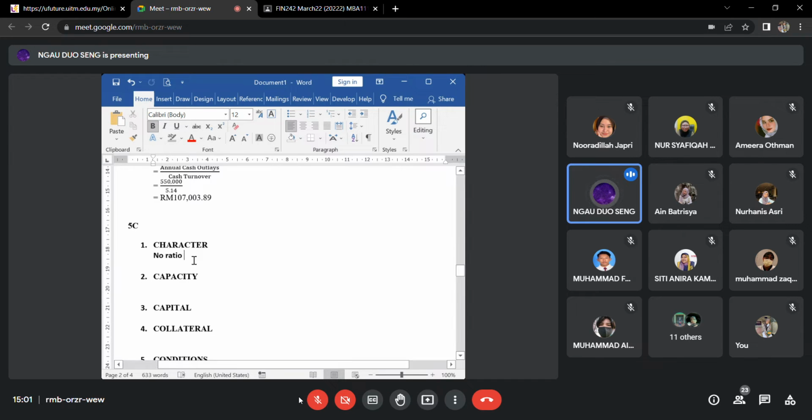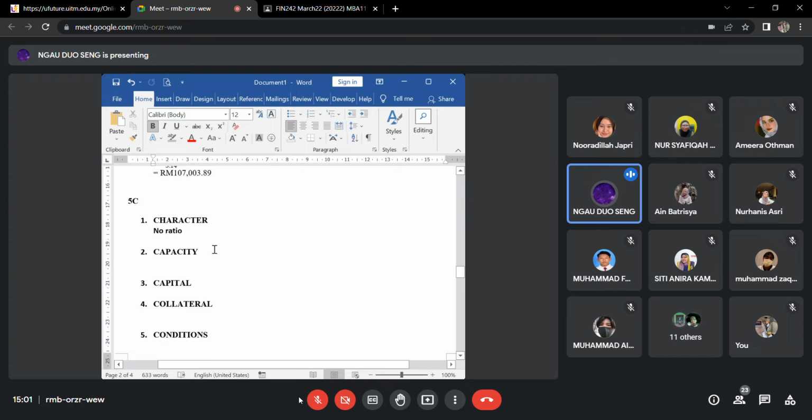Goodwill, good reputation, then the character is good lah. I believe yang all the company that you choose memang ada good characters kot. Tak ada company yang tak ada good characters. Right. Next we have capacity.